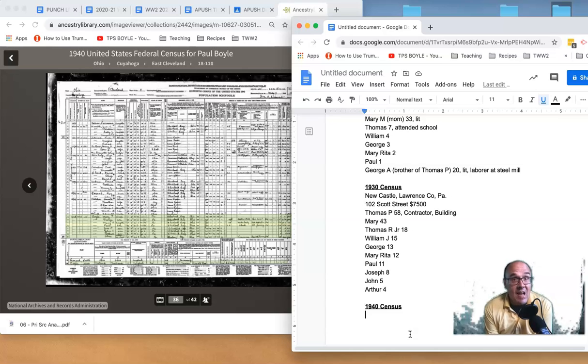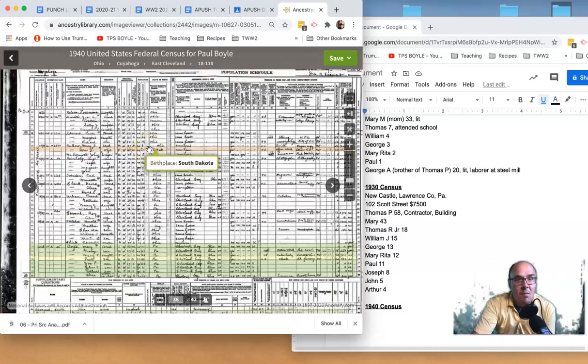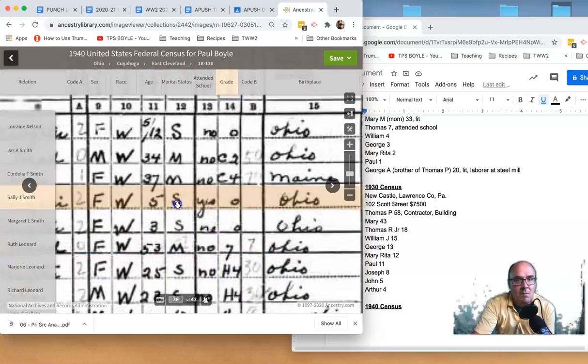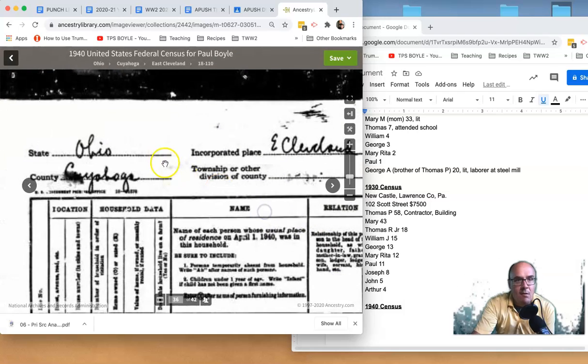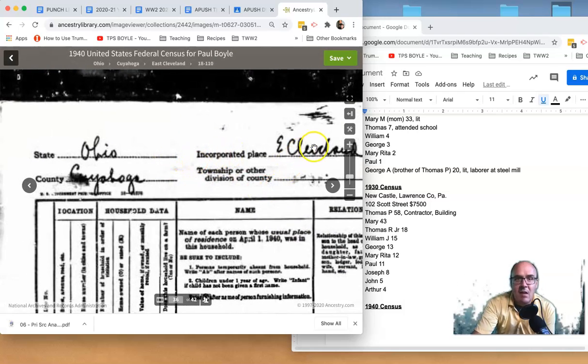And one of the things that happened is that a good 20% of the nation's population went homeless during the Depression, or they had to move. And so the 1940 census is going to ask some questions that no census ever asked before. So we're going to start by approaching this like the previous censuses, but then we're going to dive into some different things. Okay, so where are we? Oh, we're not in Newcastle, Pennsylvania anymore.